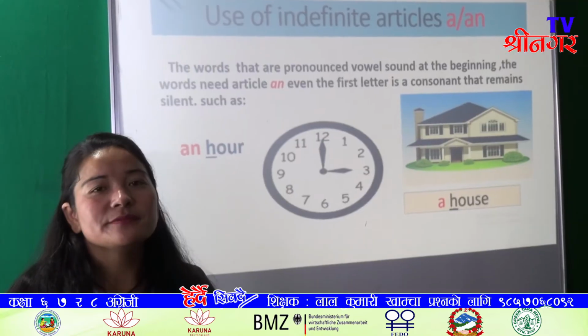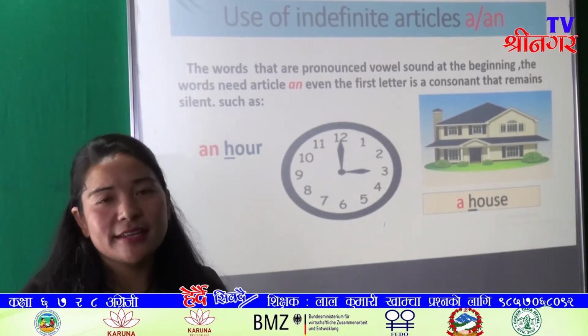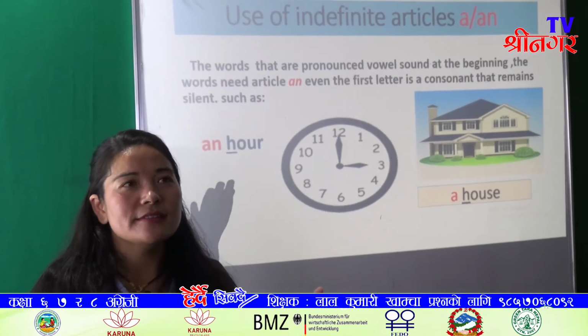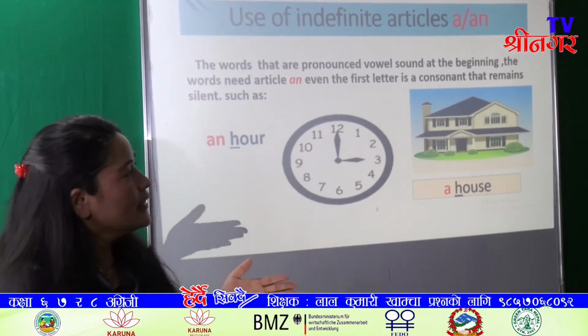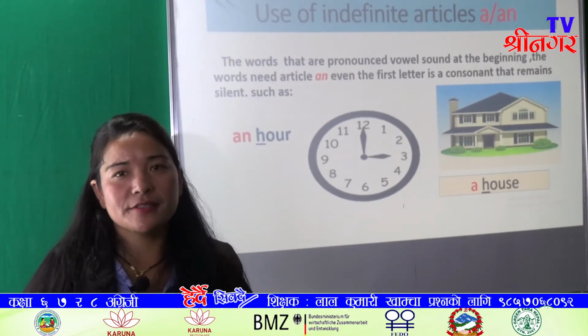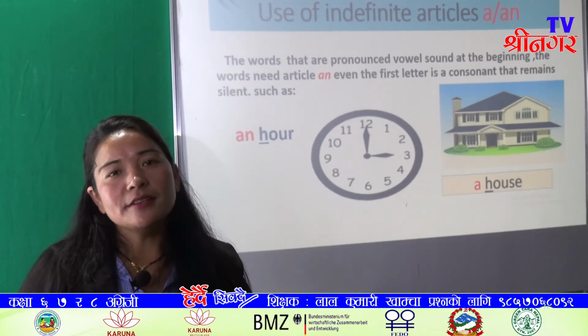We cannot use articles by only seeing the first letter, only differentiating whether it is a consonant letter or vowel letter, because there is a difference between letter and sound.